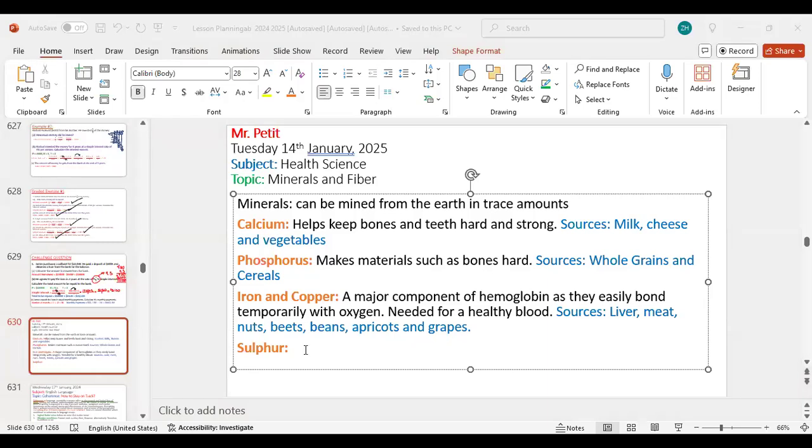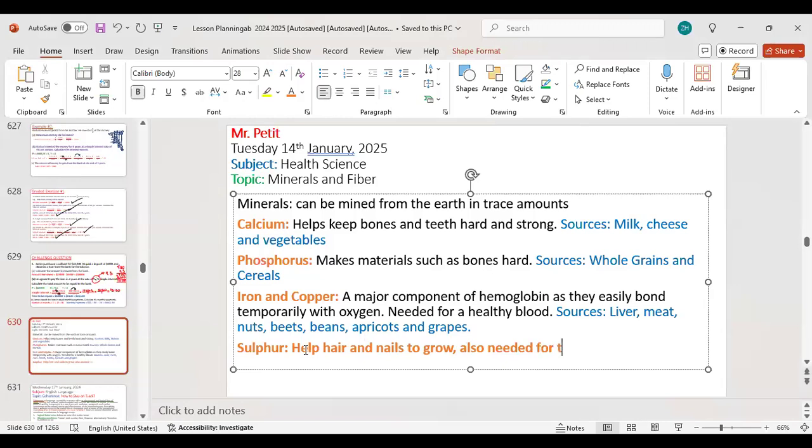All right, so sulfur is needed to help hair and nails grow. Okay, so you need sulfur to grow. And it's also needed for the formation of cartilage.